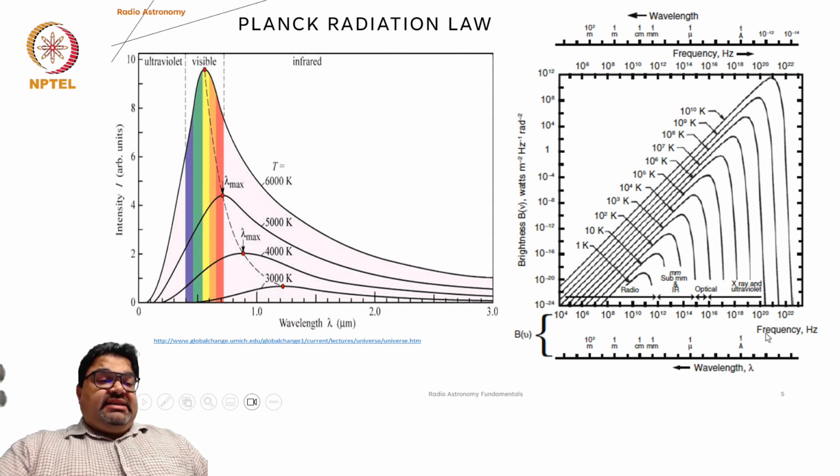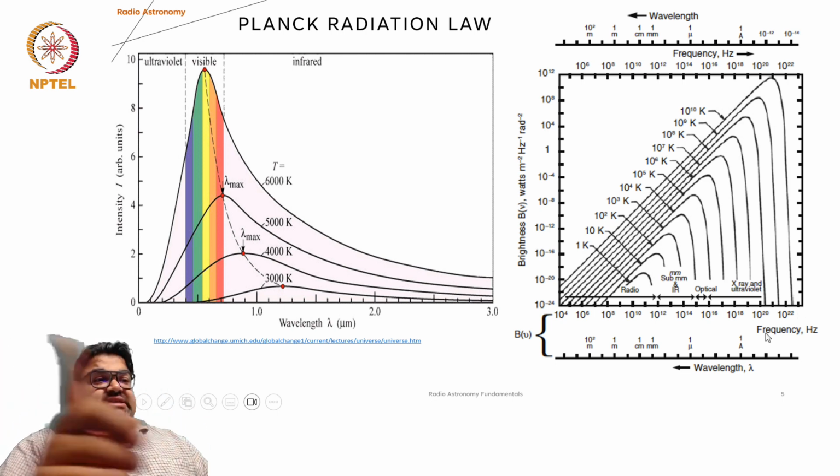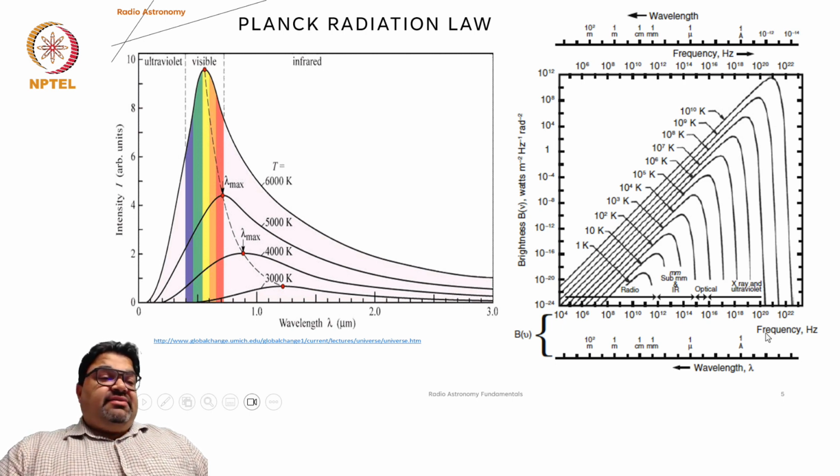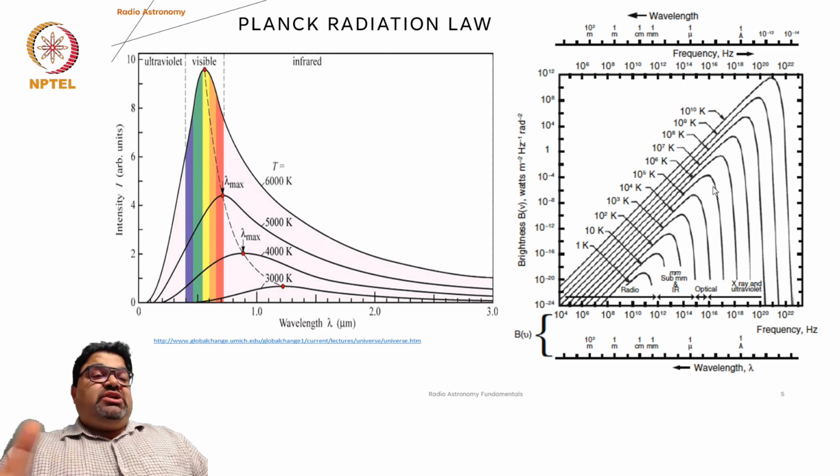The wavelength decreases in this direction and the frequency is increasing towards the right, and wavelength is increasing towards the left. So you see, as the temperature of the black body rises from 1 Kelvin to 10 to the power 10 Kelvin, what you can significantly see is that the peak is moving towards lower and lower wavelength, or higher and higher frequency.